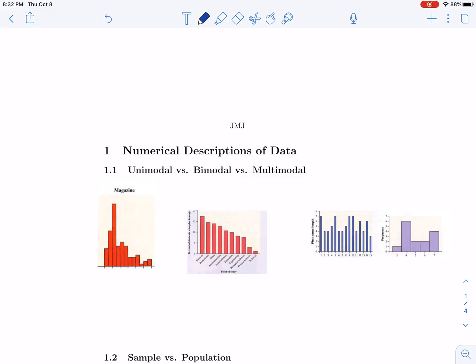We're talking about a few more definitions here that we can use to describe a distribution or a data set. The first of these is unimodal versus bimodal versus multimodal. Each of these is talking about the number of peaks in a data set. Unimodal has one peak.